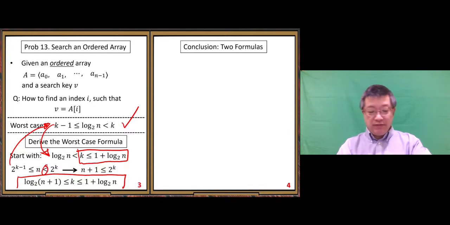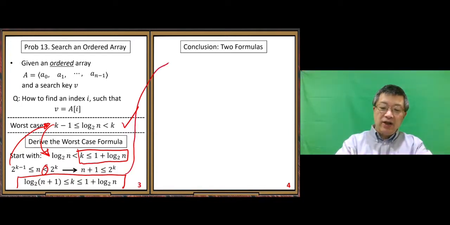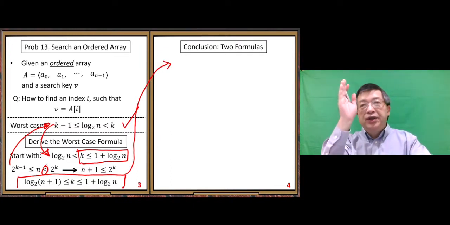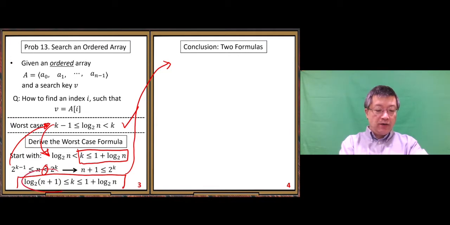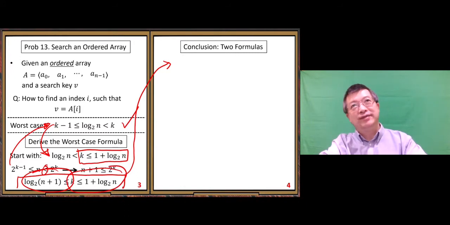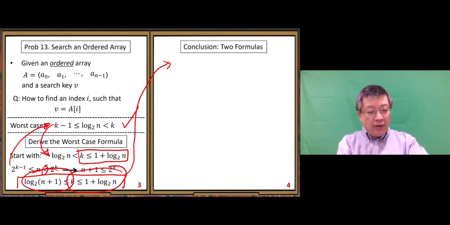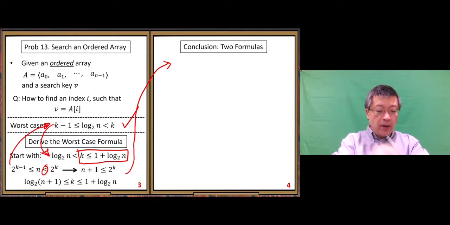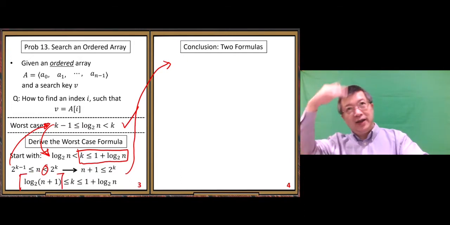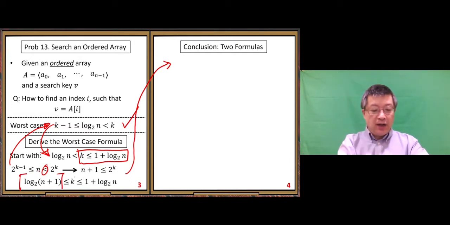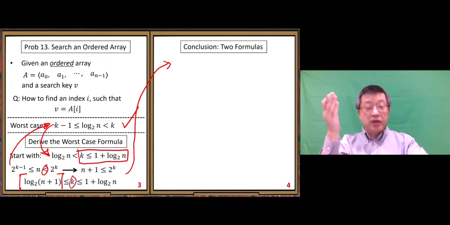From this inequality, we can derive two formulas, one from the left-hand side and one from the right-hand side. From the left-hand side, we take the ceiling function. That is the smallest k, the ceiling of log base 2 of n plus 1.